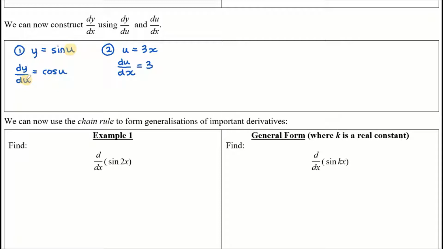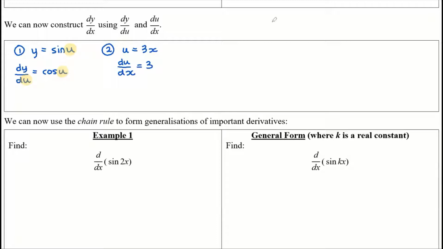So this is a curve written with y as a function of u, in this case sine of u. And when we differentiate it, we call it dy by du.